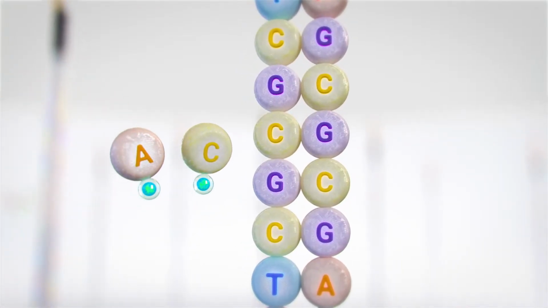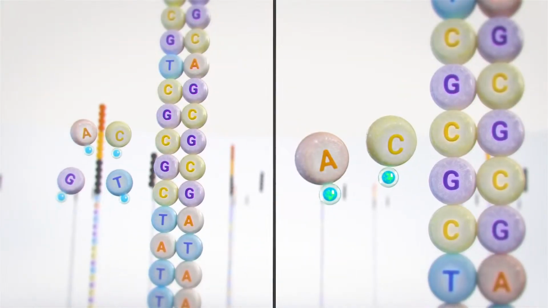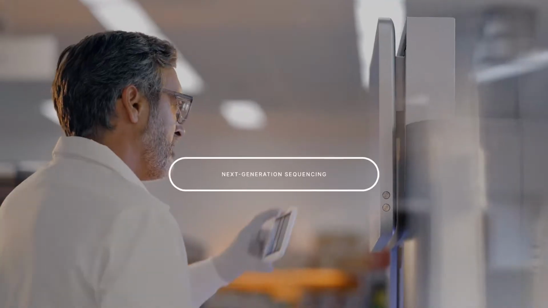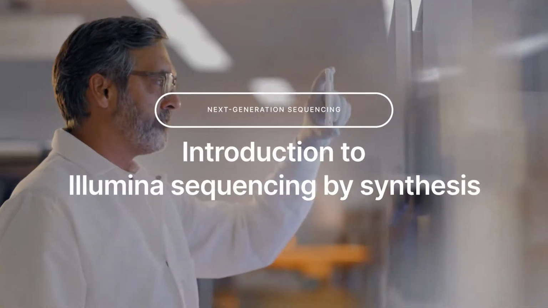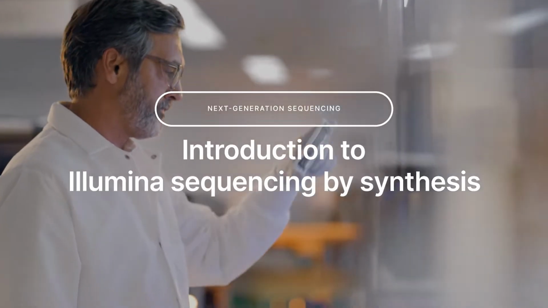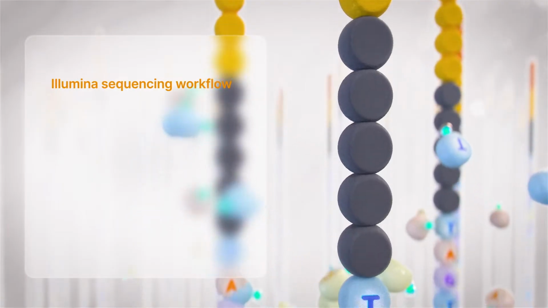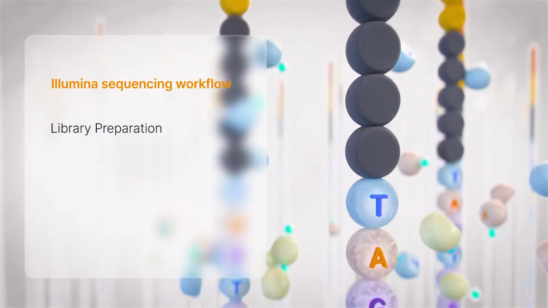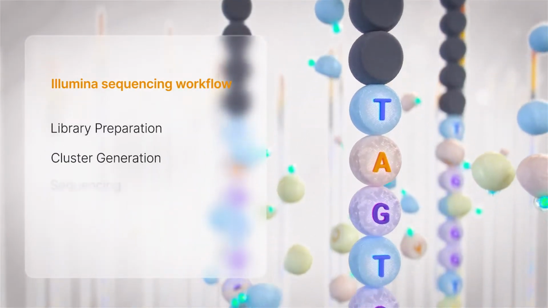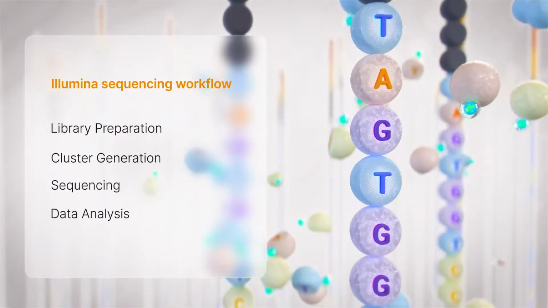Illumina sequencing systems have moved from a 4-channel detection. Let's start this from the beginning. The Illumina sequencing workflow is composed of 4 basic steps: library preparation, cluster generation, sequencing, and data analysis.